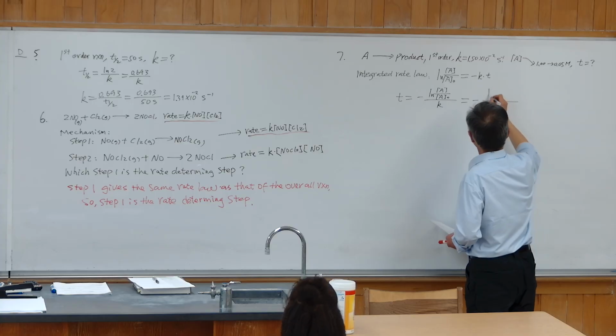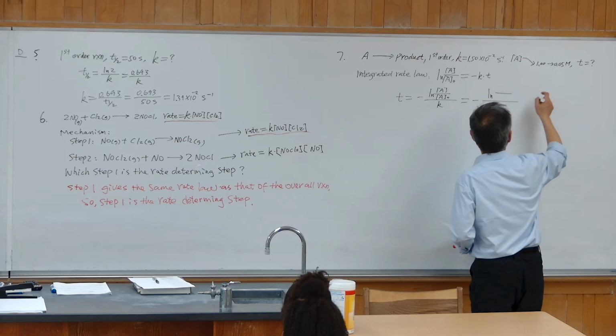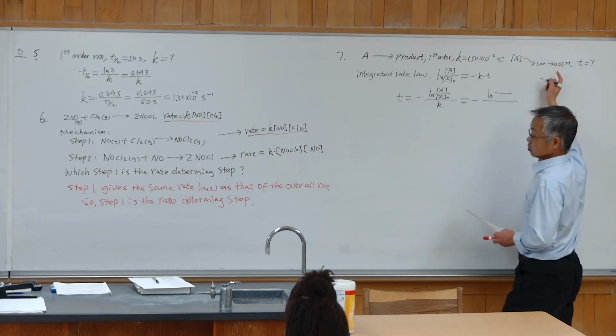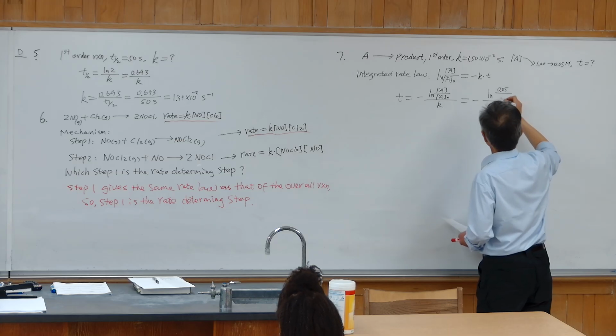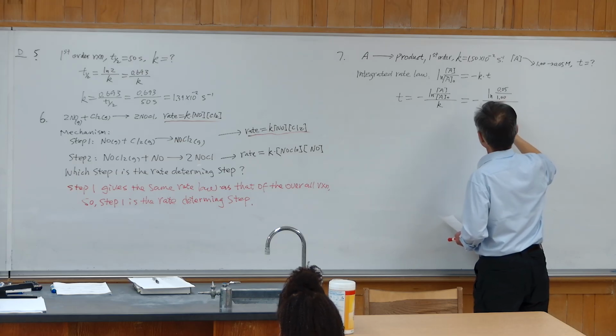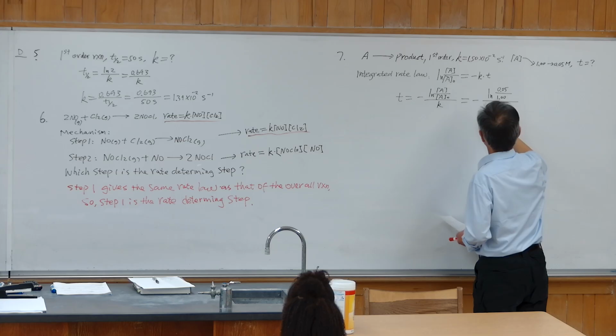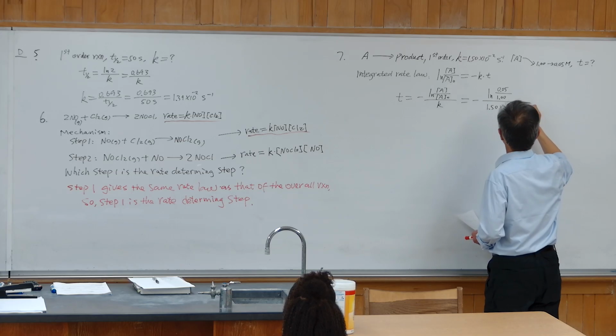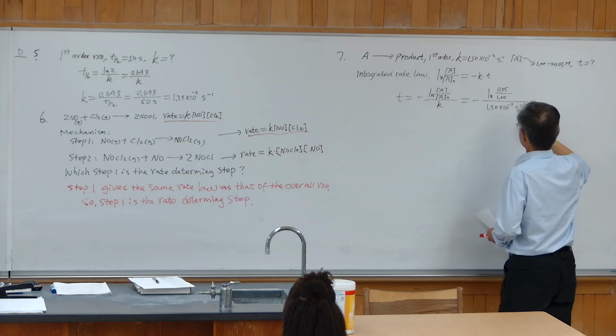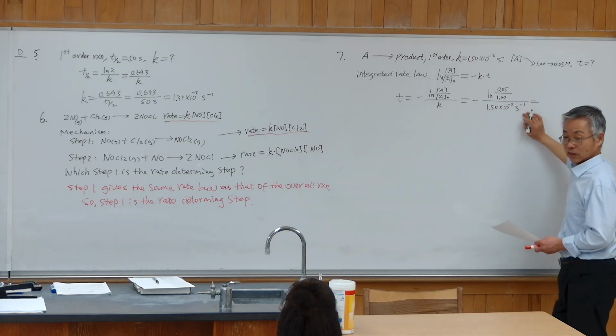Negative natural log of A, final concentration, 0.05. A0, initial concentration, is 1. K, 1.5 times 10 to the negative 2 power per second. Right, per second in denominator, so whatever is seconds.